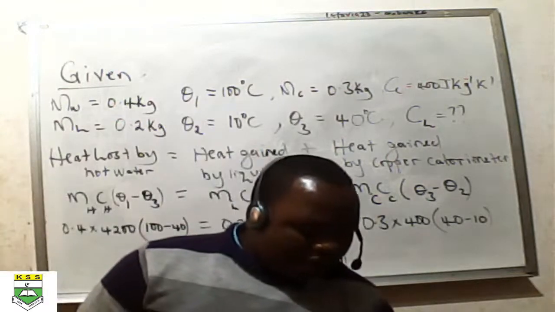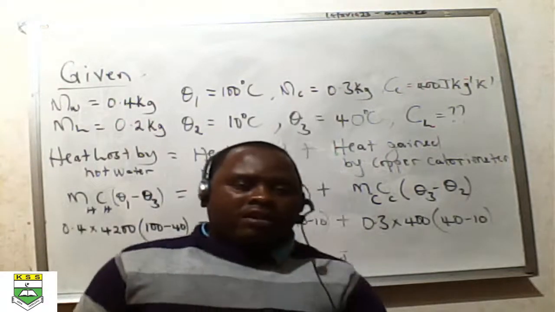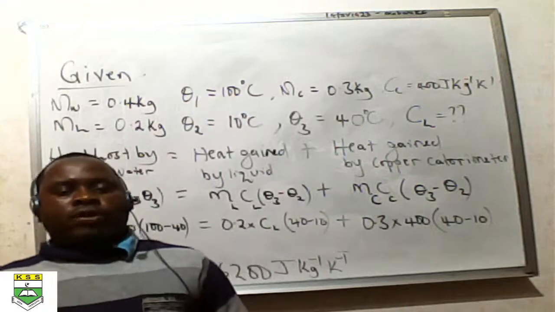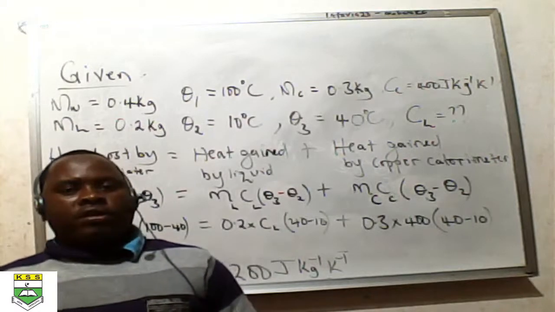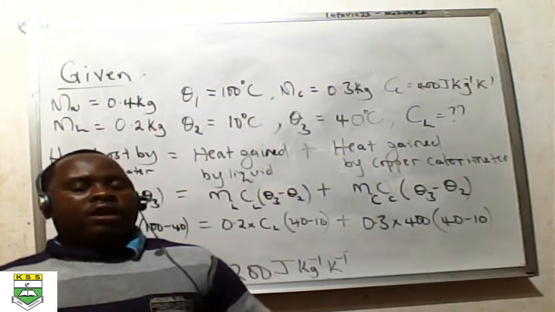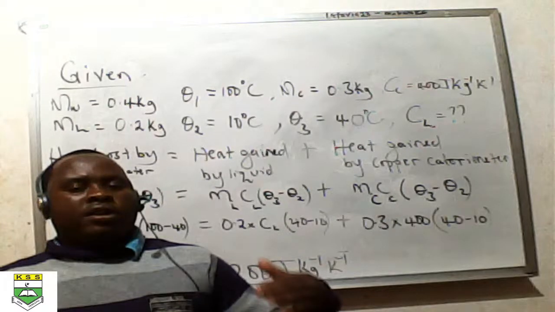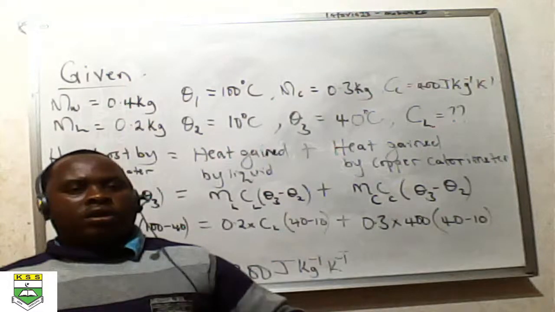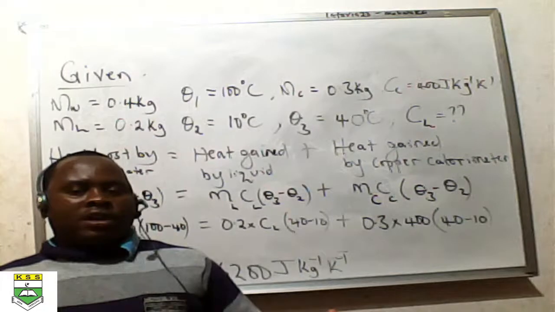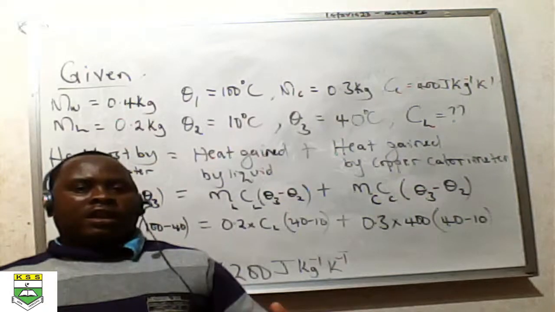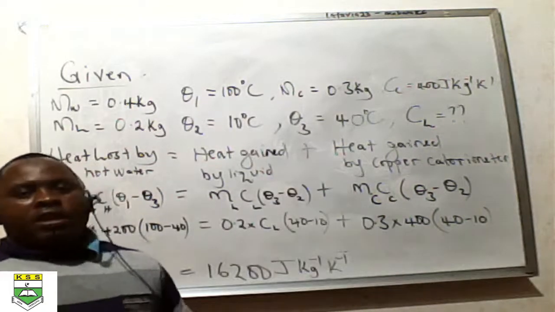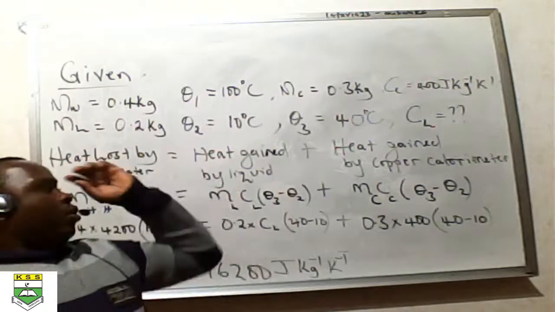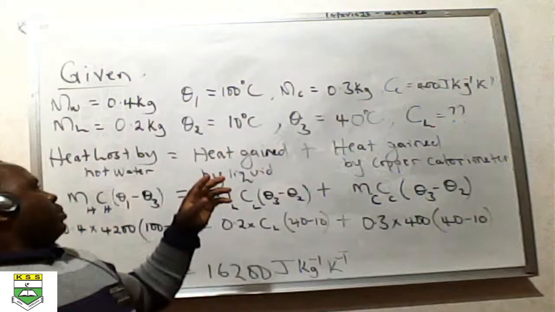But what I'm saying here is that when you use a heater to heat, whether you're heating a solid or a liquid, the heat lost by the heater will equal the heat gained by the solid. If it is a liquid in a container, like the copper calorimeter you are seeing, then the heat supplied by the heater will be gained by the liquid plus the heat gained by the copper calorimeter.